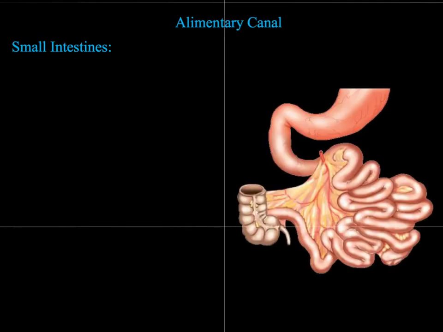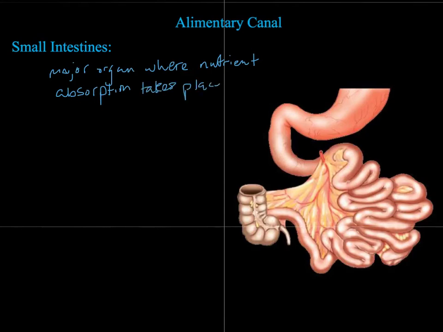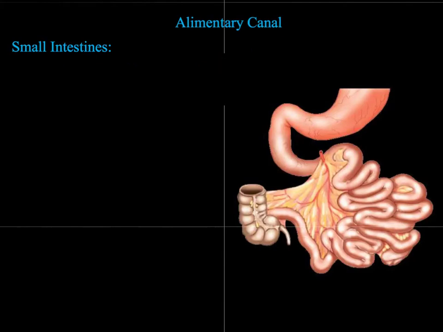The small intestine is the major organ where nutrient absorption takes place. And there are three parts to the small intestine.